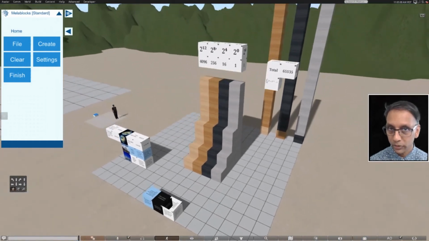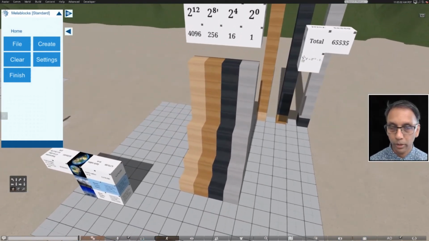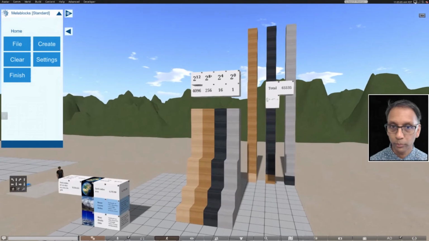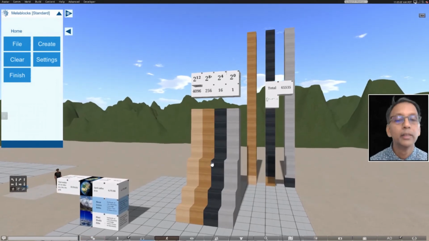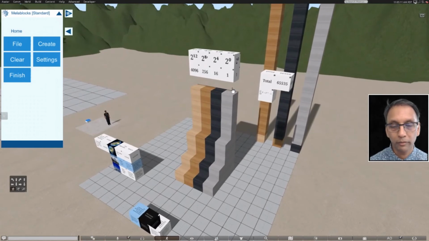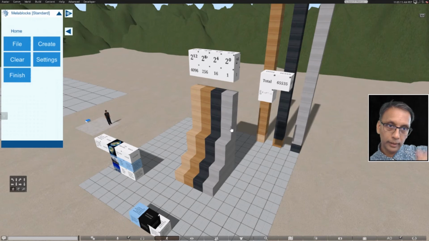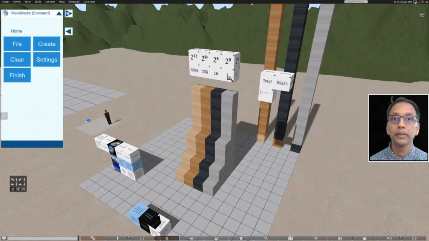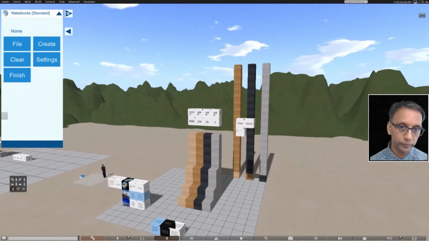And we also said in the beginning that each block was 1 meter cubed, so it's 1 meter high. So if we were to stack all these blocks one on top of the other, how high would that column be? That would be 65,535 meters high.